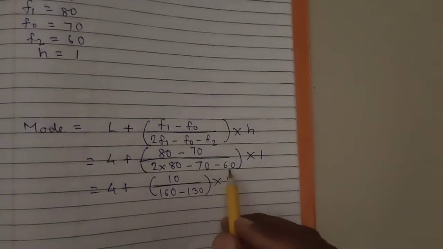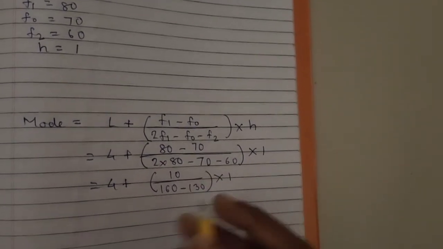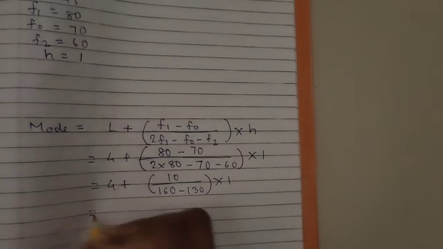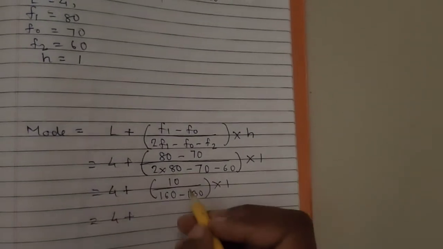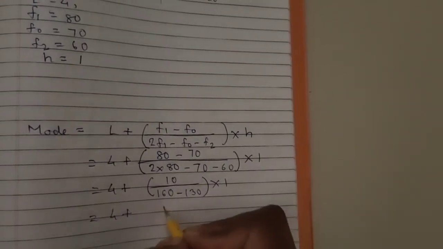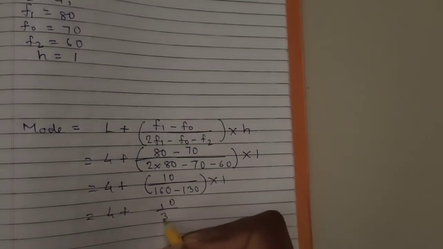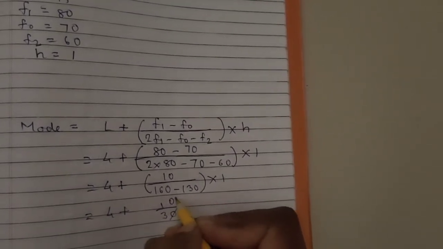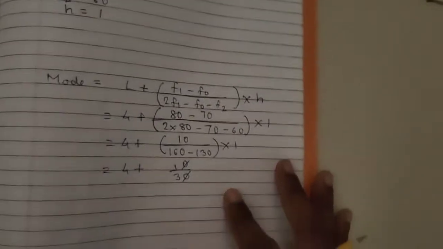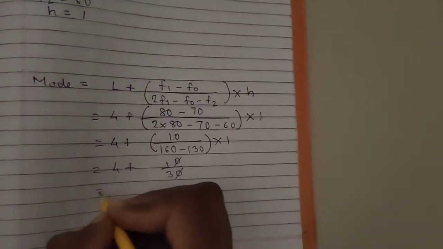So 70 plus 60 gives you 130 and minus sign is there. Now what will be our next step? 4 plus 10 into 1 gives you 10, and in the denominator how much? 160 minus 130 is 30. Now you can cancel 0, and now finally what you are going to do?